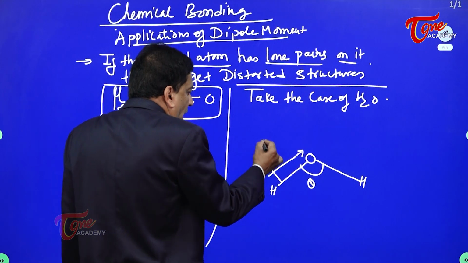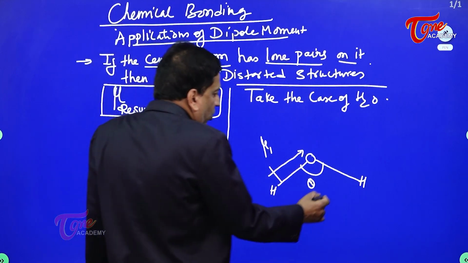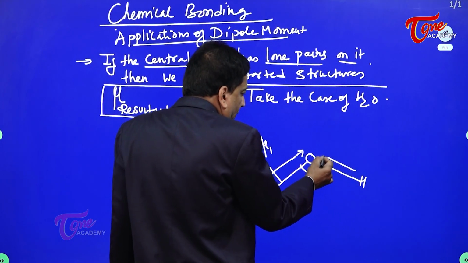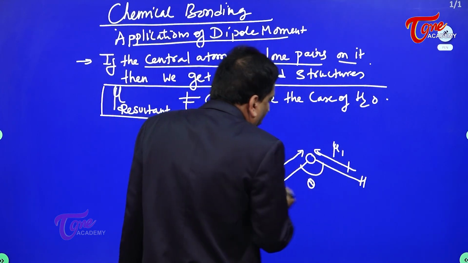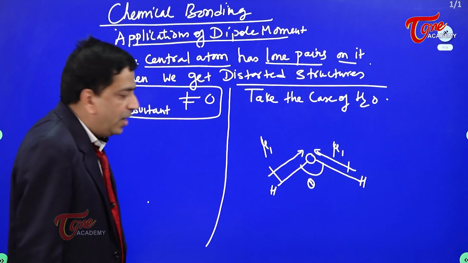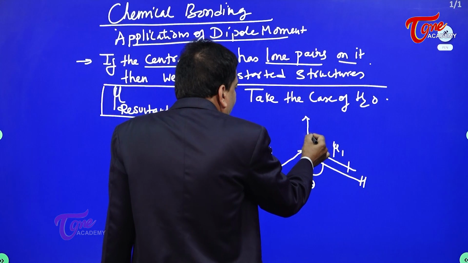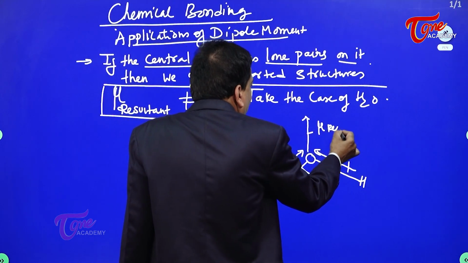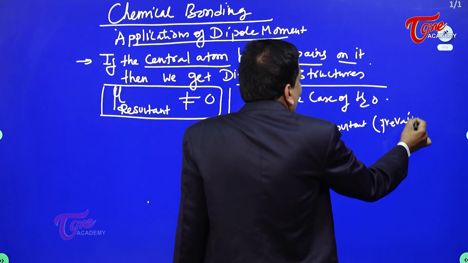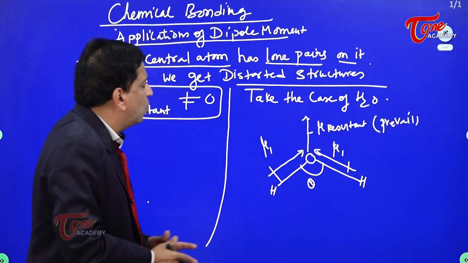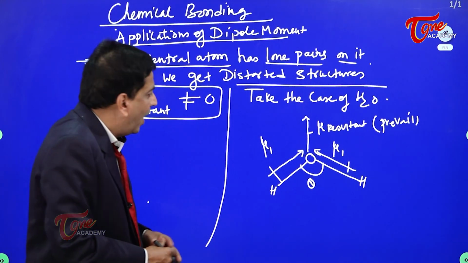So this is mu1. That is a vector mu1, and this is also mu1 because the bonds are the same. Then you will have a resultant vector going this way. This will be the mu resultant, and this will prevail because there is no other vector to cancel it.